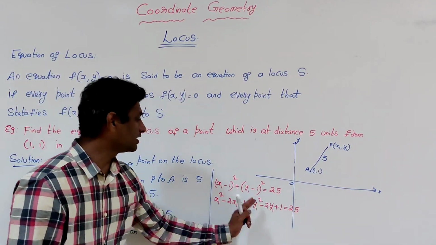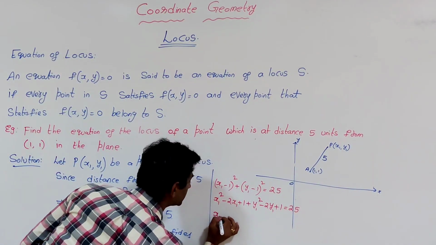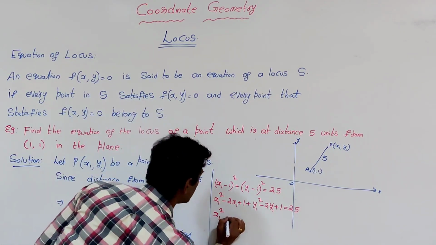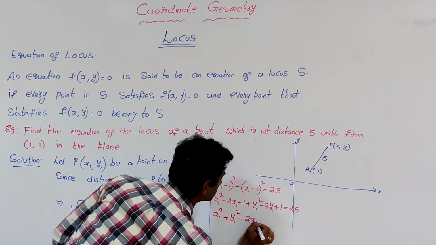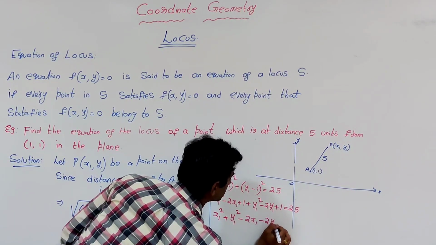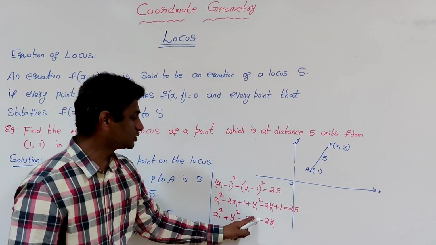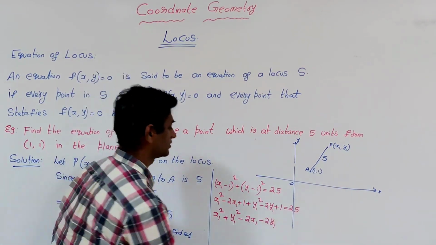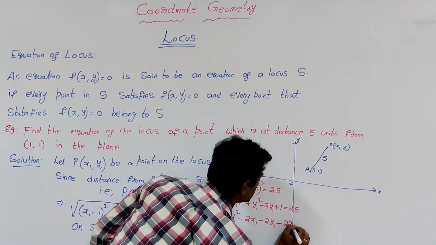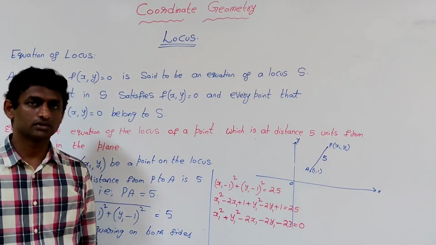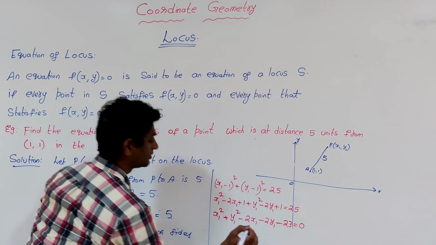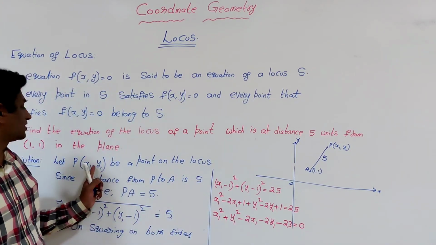So bring this 25 to the left side, so it will be x1 square plus y1 square minus 2x1 minus 2y1, plus 1 plus 1 is plus 2, minus 25, which is minus 23, equal to 0. So this represents a circle. This is only a point (x1, y1).